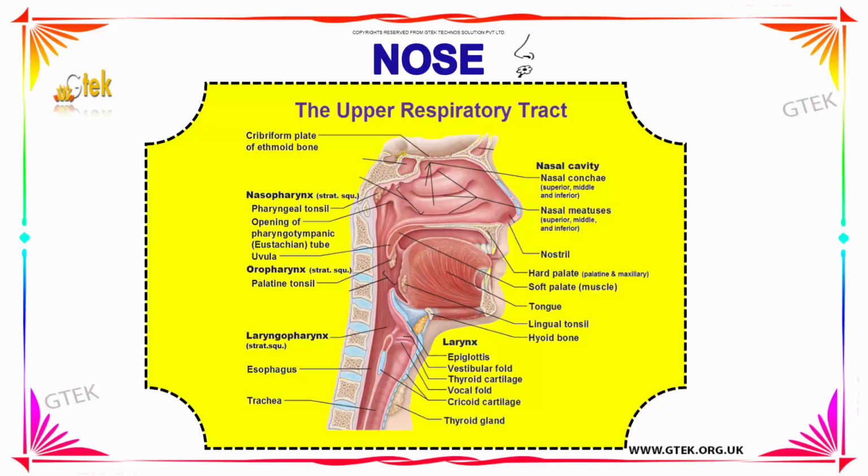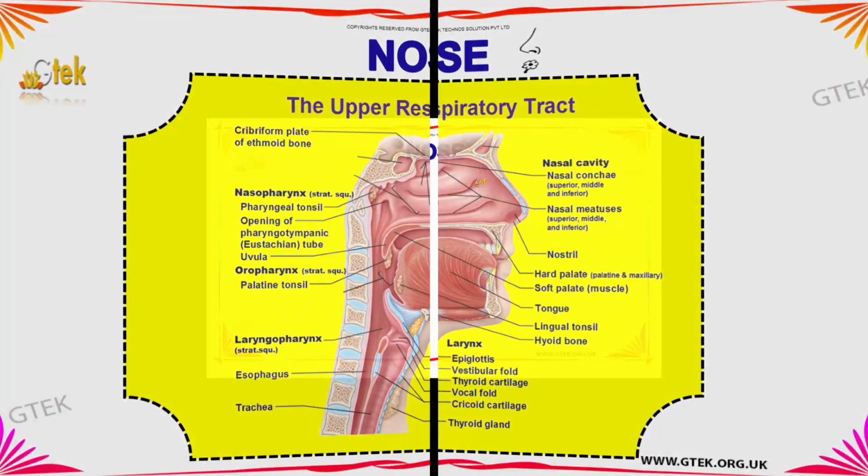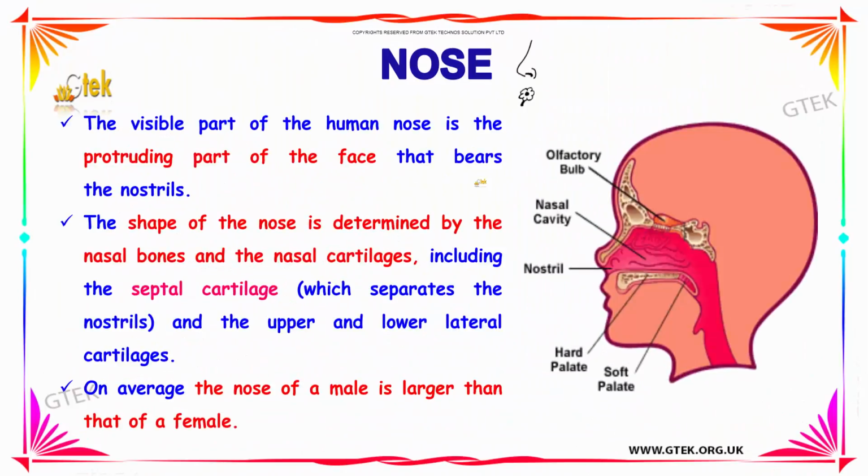As you know, this shows the structure of the nose in a sectional view. Your nose has the visible part, that is the protruding part of the face, and it has 2 holes, which are the nostrils.